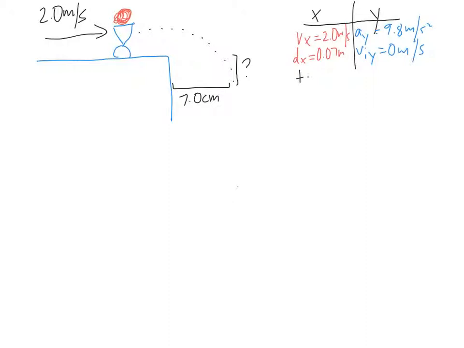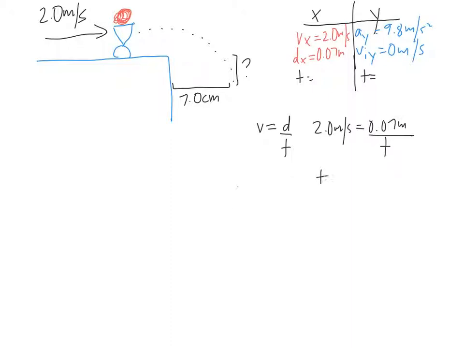Let's set it up here as time. The only way we can find time is in the x direction this time, so the equation we can use is v is equal to d over t. Here, v is 2.0 meters per second, equal to our distance of 0.07 meters over time t.